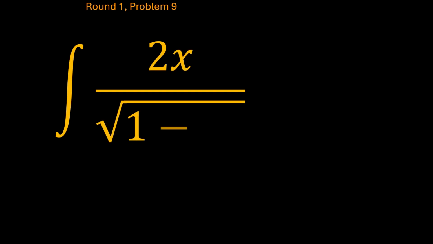So on to problem number 9 of the MIT Integration Bee regular season. It's the indefinite integral of 2x over the square root of 1 minus x to the power 4. This is actually an interesting problem.